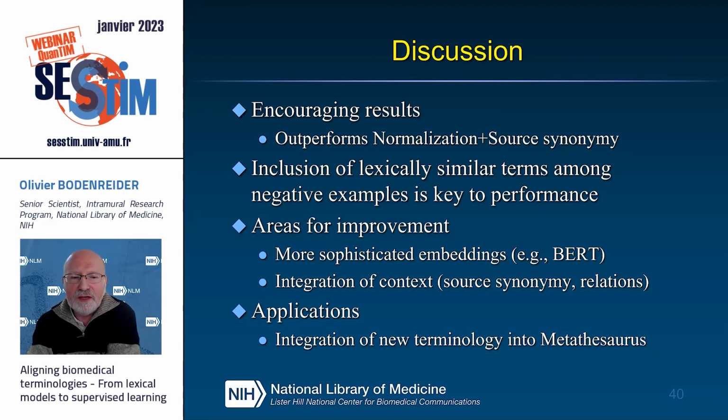One real-life application would be to use our system for integrating the new terms that would need to be integrated as part of a new version of the Metathesaurus. We started looking into this also. It brings difficulties, but we've made good progress in recent days, so stay tuned.